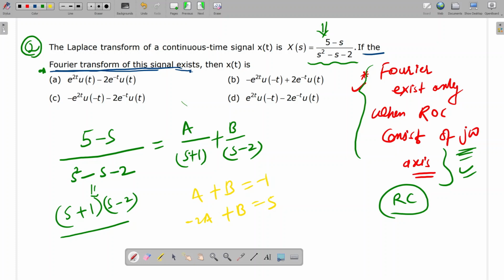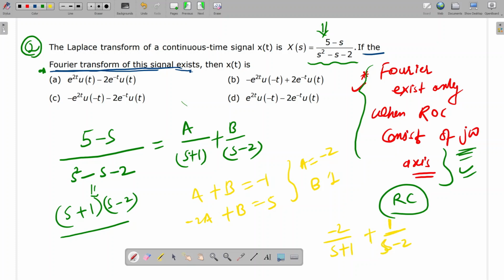Can anyone reply? A is equal to minus 2, B is 1. Okay, so minus 2 by s plus 1 plus 1 by s minus 2.